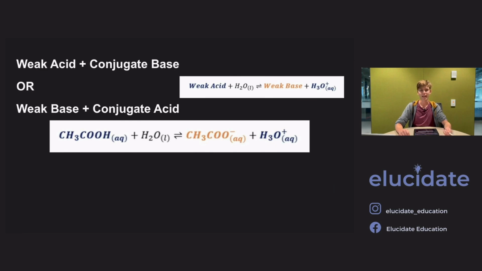We start by adding a weak acid and its conjugate base, or a weak base and its conjugate acid. This is usually done in practice by adding a weak acid, such as ethanoic acid, phosphoric acid, or sometimes sulfuric acid, and adding in a weak conjugate base made up from the salt formed by the ionized form of that acid. We end up with something like this equilibrium system here for ethanoic acid.